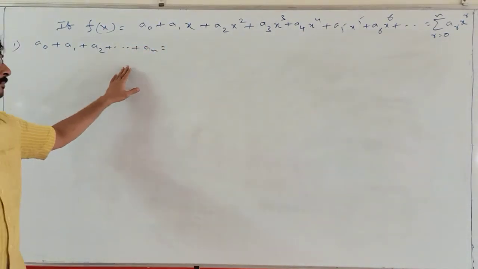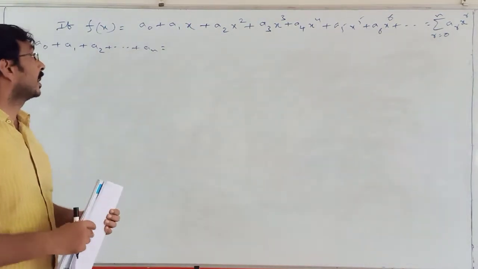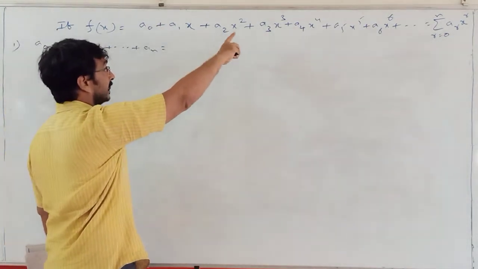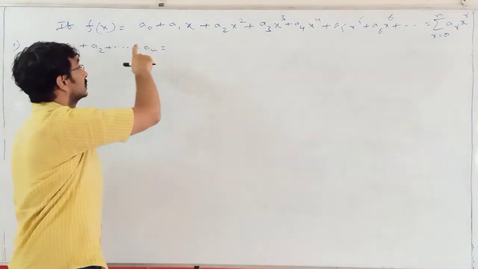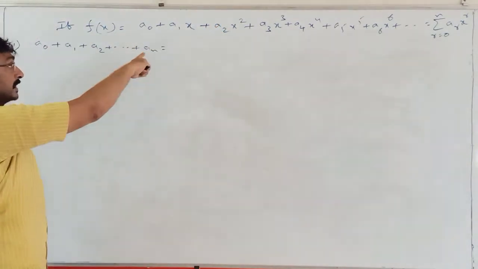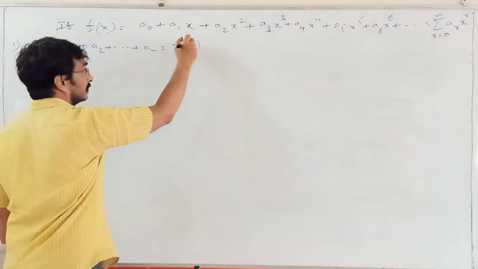Clearly this value is obtained by keeping x equal to 1 on both sides. Put x equal to 1 on the right hand side, RHS becomes a0 plus a1 plus a2 plus a3 and so on plus an. So the formula for that is f of 1.